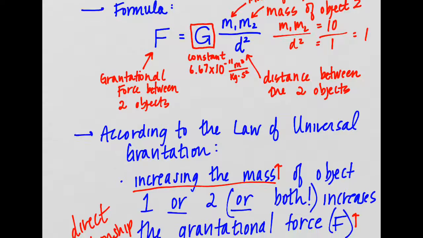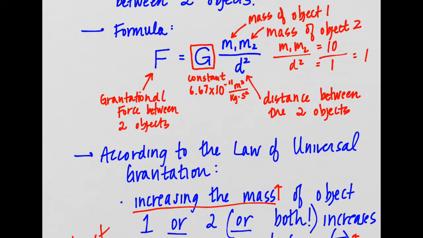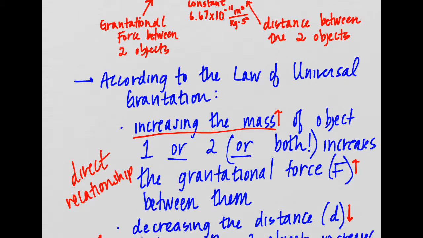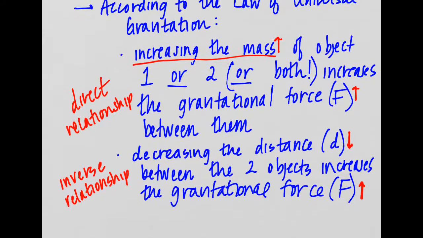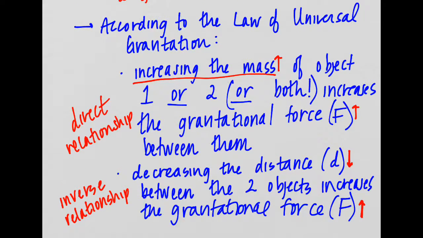All right, so remember, that's the equation. That's what the equation tells us. Remember that we looked at two relationships. We looked at the relationship between the mass and the force. So we said that if we increase the mass of object 1 or object 2 or both objects, we would increase the gravitational force between them.